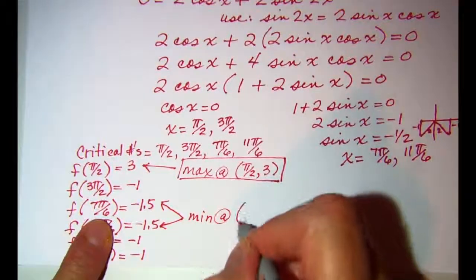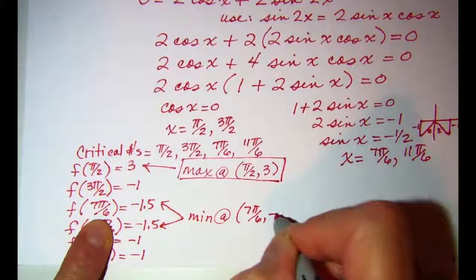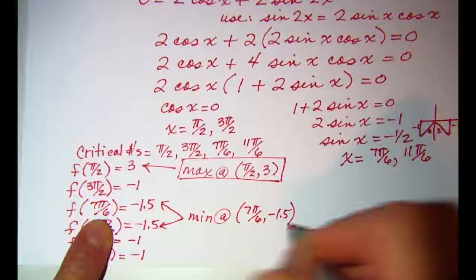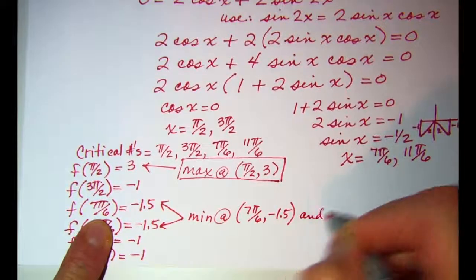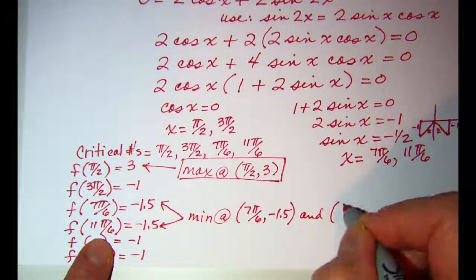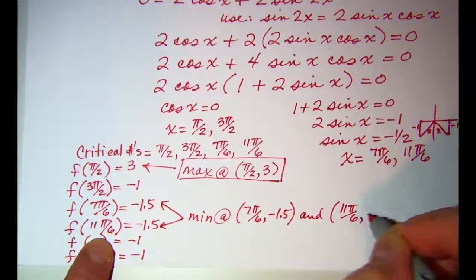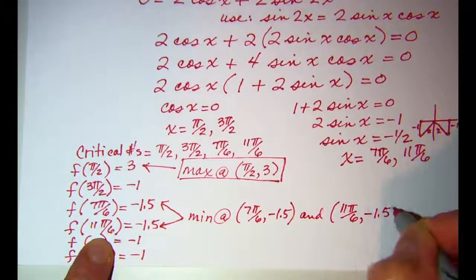One is at 7 pi over 6, negative 1.5. And the other is at 11 pi over 6, negative 1.5.